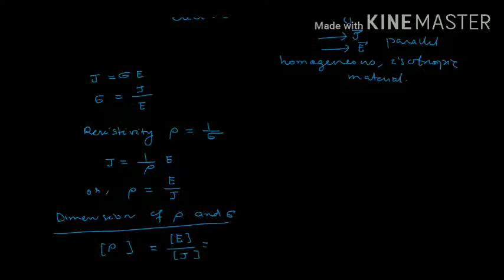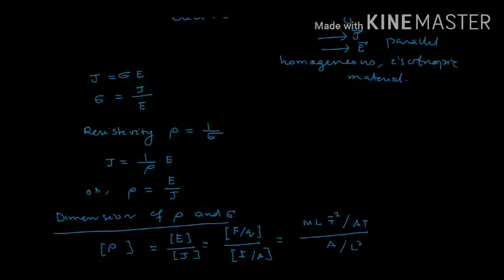E is F by Q, so dimension of F by Q divided by dimension of I by A. Current density is current per unit area. Dimension of force is M L T to the power minus 2, dimension of charge is A T, dimension of current is A, and dimension of area is L square.